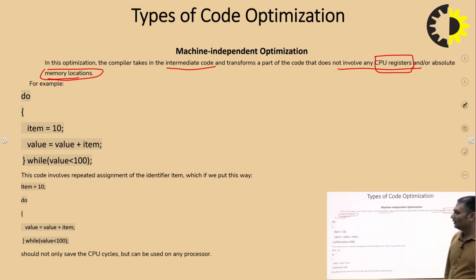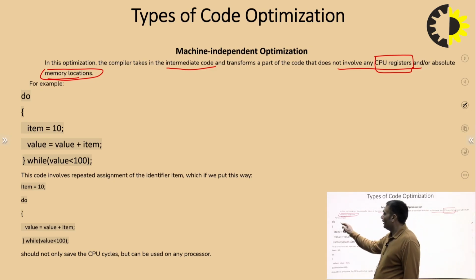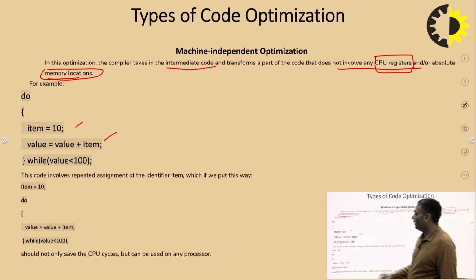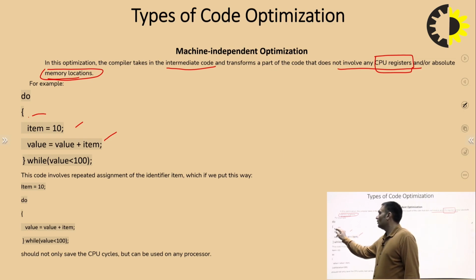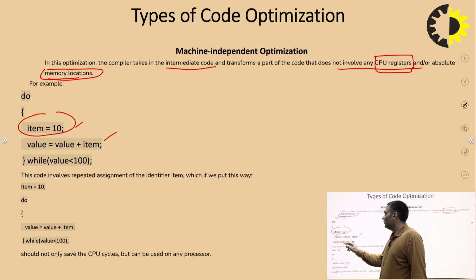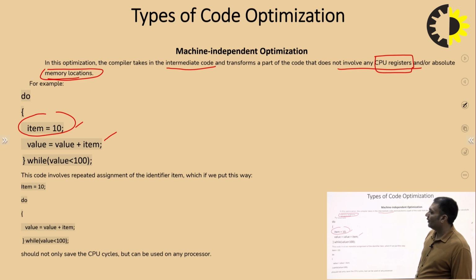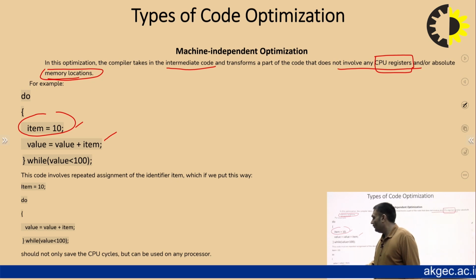So for example, in this code, do, curly braces open, item equal to 10, value equal to value plus item, while value less than 100. So this part of the code that is inside the while loop, we are just putting outside the loop.